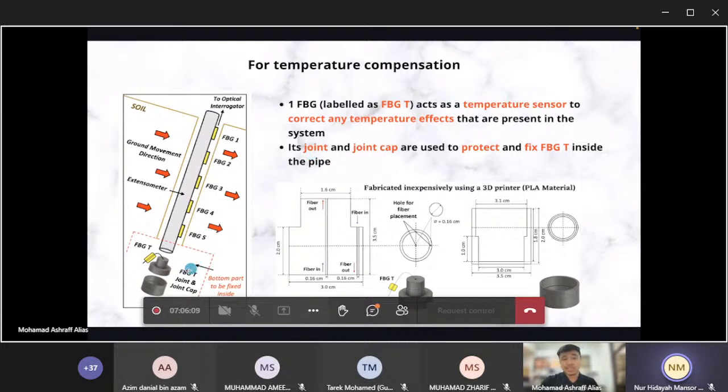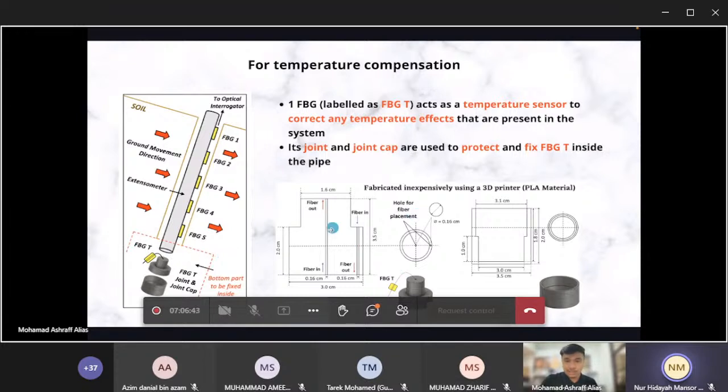The reason I place FBGT inside here is because, like I have told everyone just now, since FBG is affected by both strain and temperature, the Bragg wavelength shift would be affected by both parameters. So FBG1 till FBG5 would be affected by both temperature and strain, while FBGT, since it is placed loosely inside the pipe, will only be sensitive towards temperature; no strain changes will affect FBGT in this case.